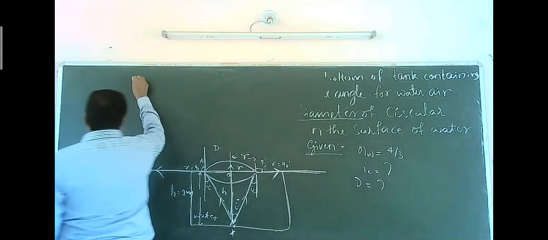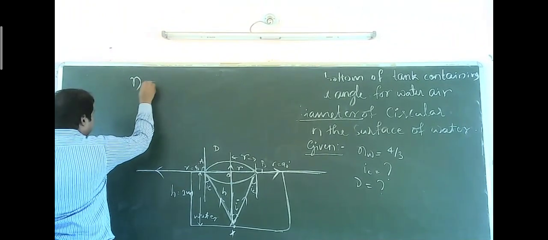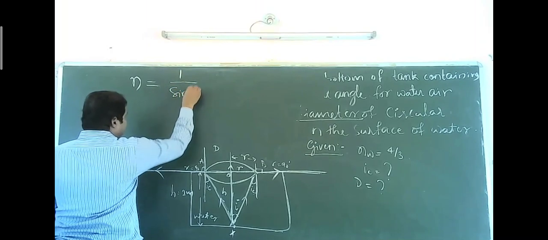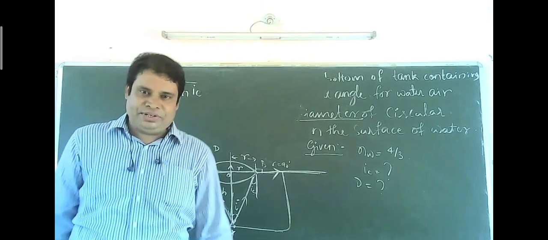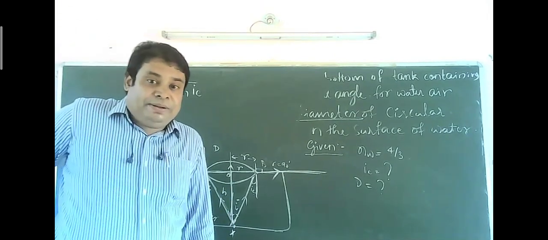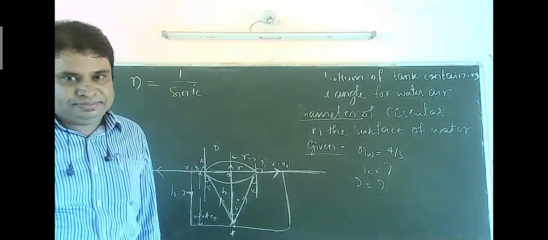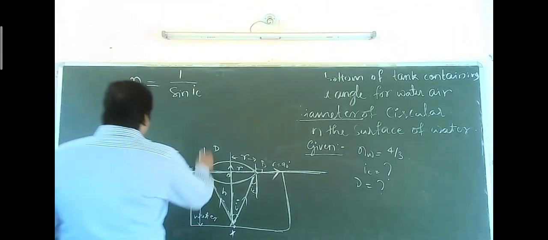We know the refractive index N is given by 1 divided by sin IC. During our theory class, we proved this equation, and I mentioned it will appear while solving problems. We have to use this equation.